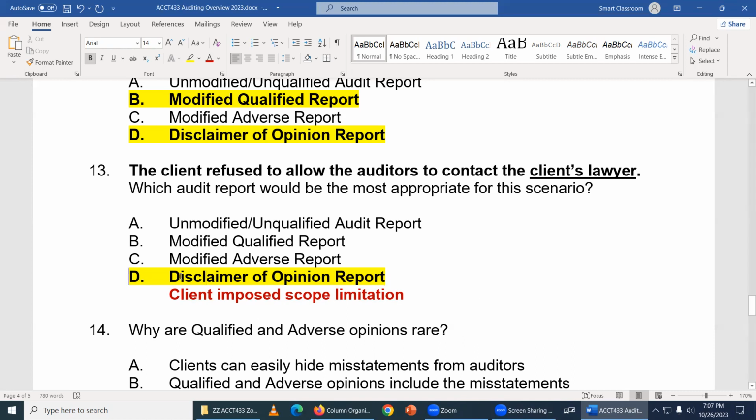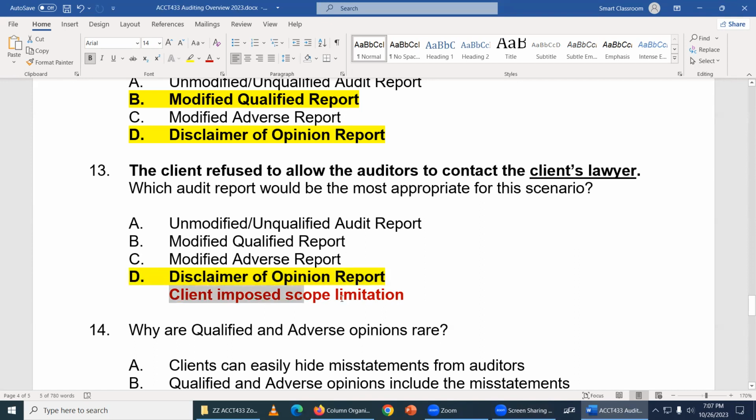Those virtually always get disclaimers, because there's a reason why they're not letting me have this information, whether it's a lawsuit or whatever it is. It's possible that you might do a modified qualified report, but usually you have to have a good reason not to do a disclaimer in this case.